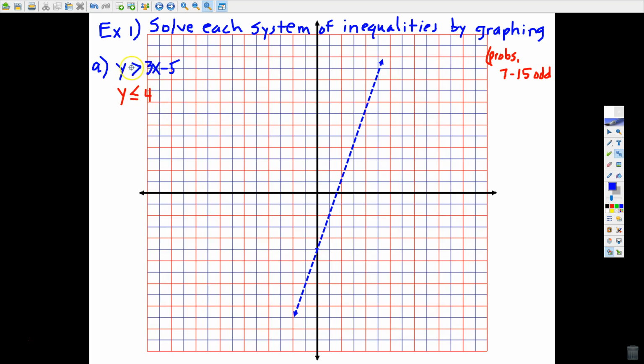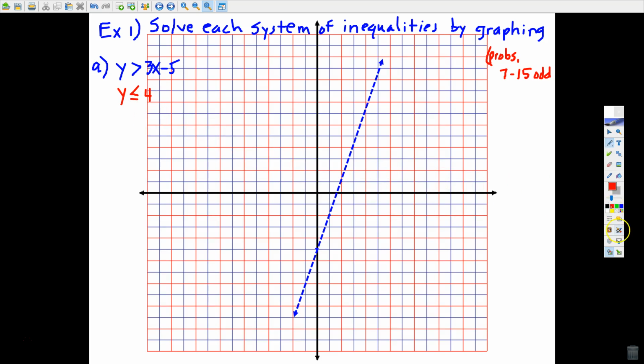But if I were shading the greater than side for this dotted boundary line, it would be this upper side, the side that contains the origin. Again, if you wanted to test the origin, 0 plugged in for y and for x, you would have 0 is greater than negative 5, which is true. So the origin should be on the shaded side. But I'm going to do it like this.